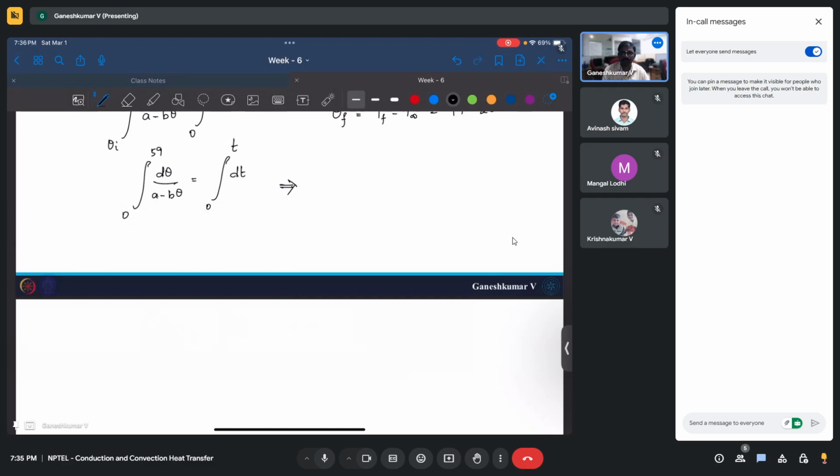It is in the form of dx by x, like 1 by x integral, which you know is going to be a natural log. You write a minus b theta, and whatever the coefficient of theta, we write it in the denominator. This will be from 0 to 59.